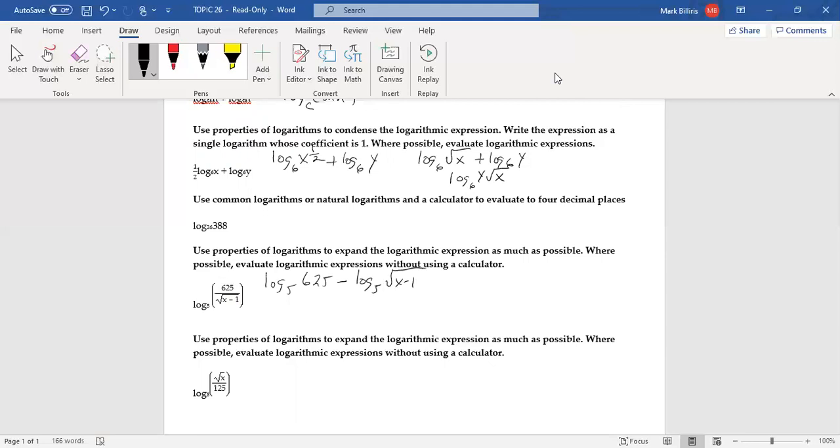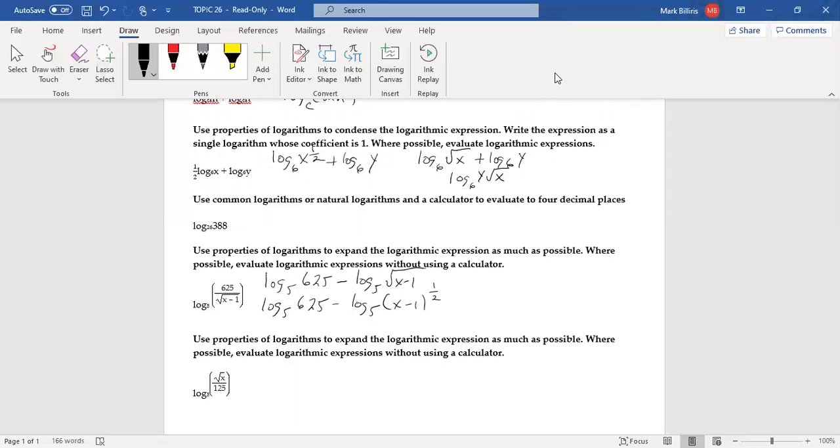Again, keep in mind, anytime we're dealing with a radical, we're dealing with a rational exponent. So we'll leave for now log base 5 of 625 minus log base 5 of x minus 1 to the 1/2. The 1/2 again means square root.